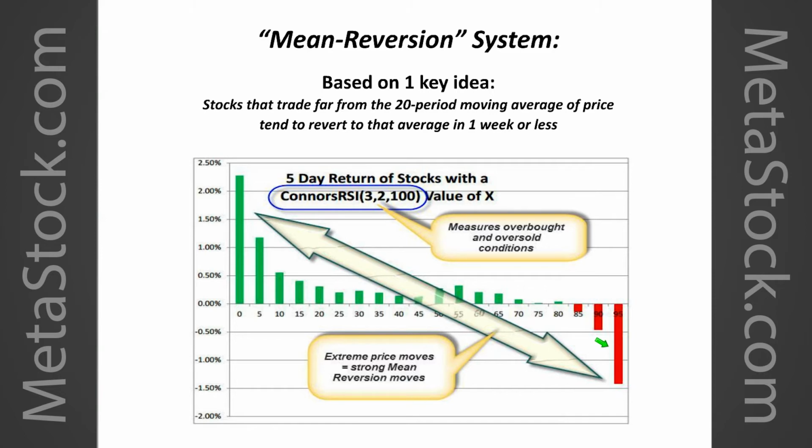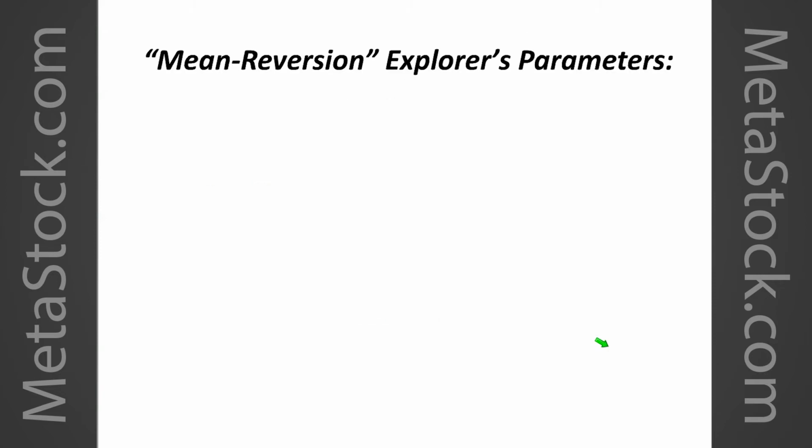So what this tells us is that you can make some very good, consistent money trading stocks that are extremely overbought or oversold. Now, Connors uses his RSI method, which is fine, works just fine. He's got it all hammered out with all kinds of add-ons to his system. I prefer to use a different vehicle.